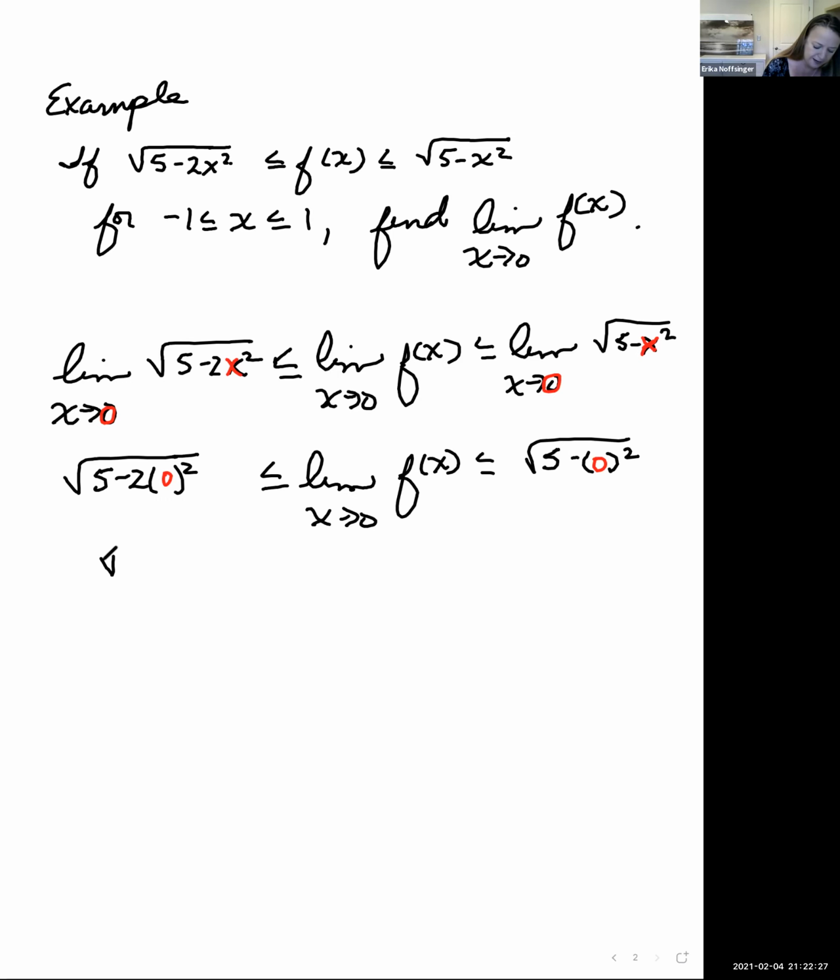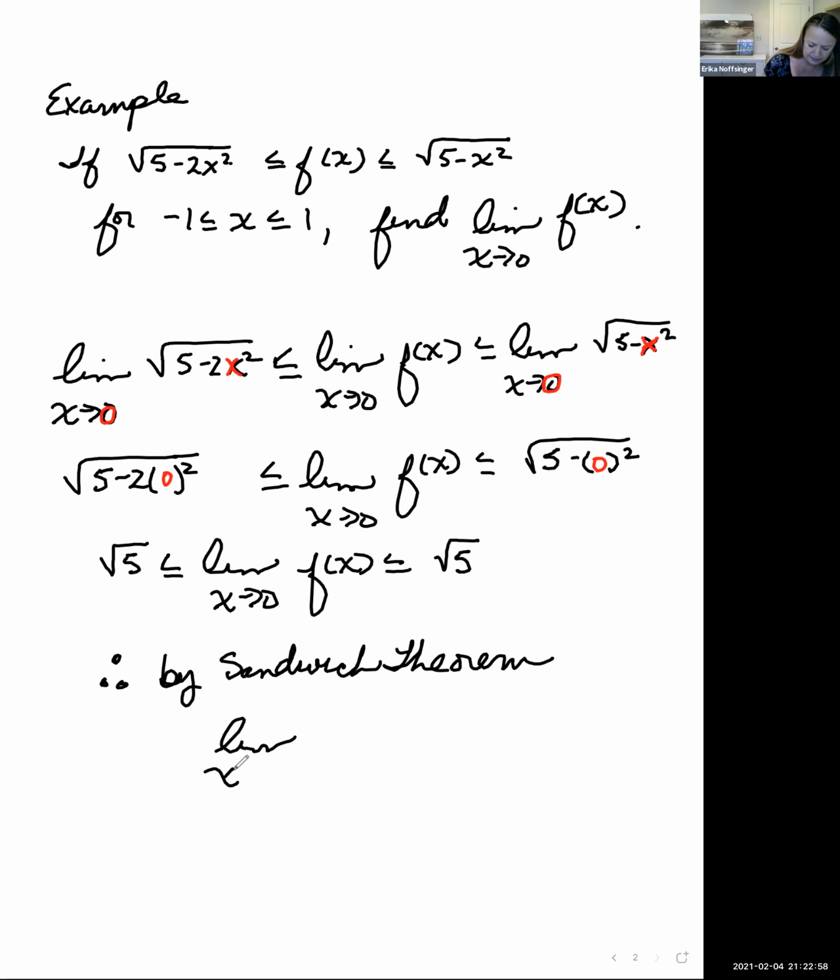So we get the square root of 5, which has to be less than or equal to the limit as x approaches 0 of f of x. And again, we can simplify underneath the radical, and we are left with the square root of 5. And therefore, by the sandwich theorem, we can say that the limit as x is approaching 0 of f of x is equal to the square root of 5.